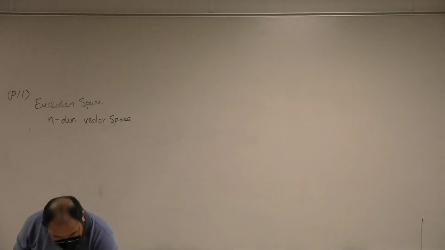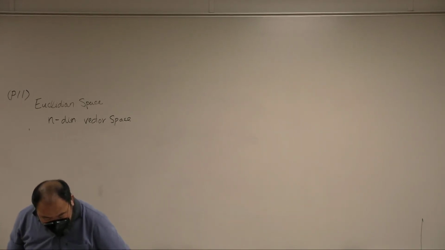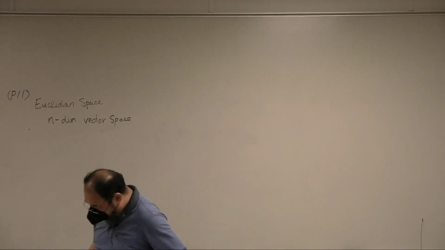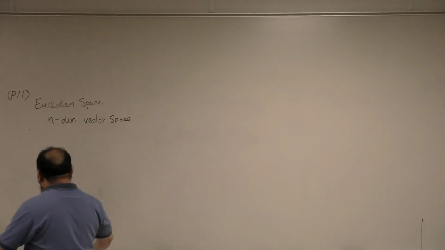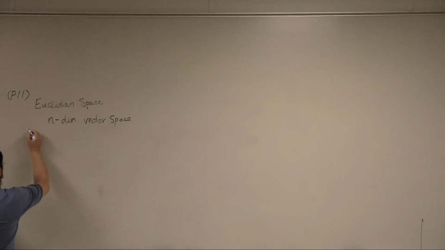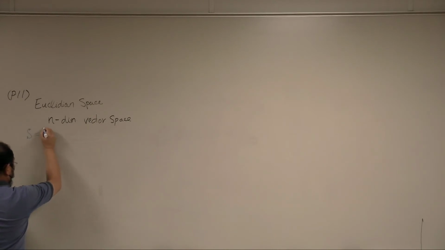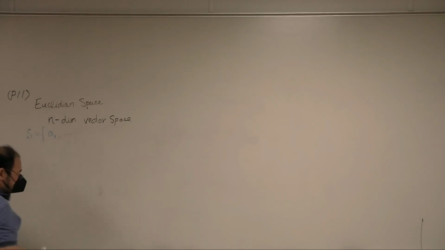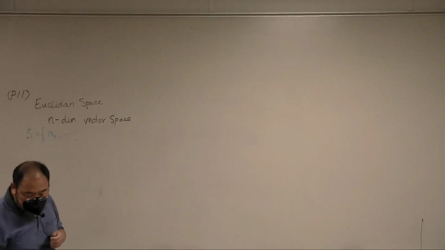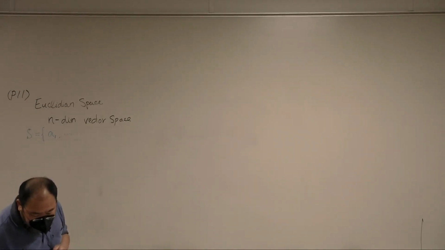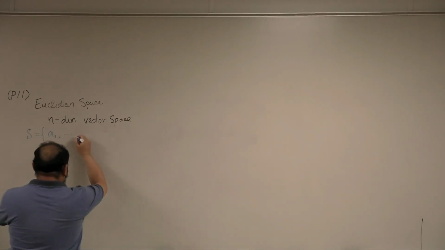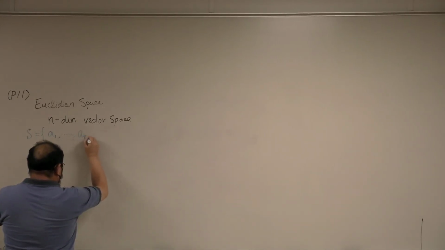We're talking about linear dependency and linear independency. We're given a set S, defined as a set of vectors in n-dimensional Euclidean space, A1 to AK.